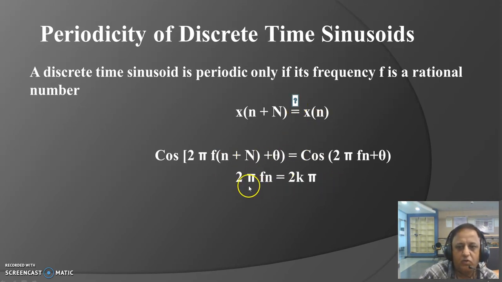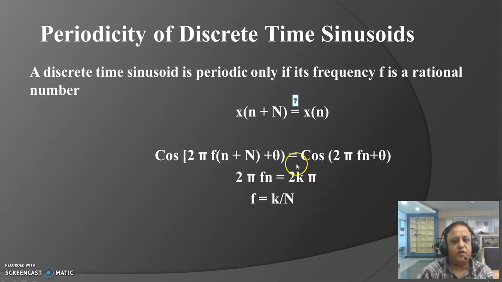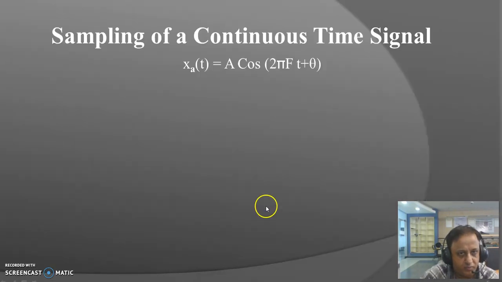This is possible only if 2 pi f N is an integer multiple of 2 pi, and this is possible only if f equals k by N. So for a discrete time signal to be periodic, it should satisfy f equal to k upon N, a ratio of integers.